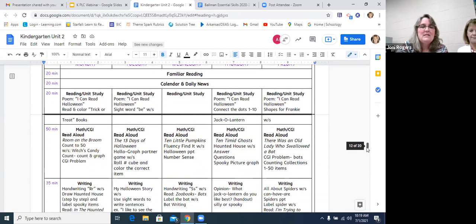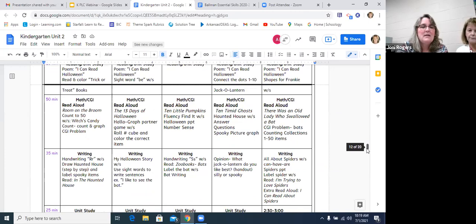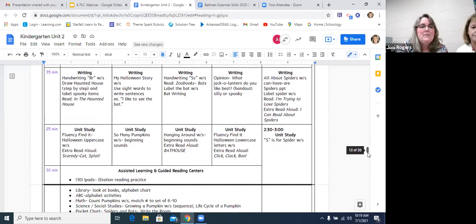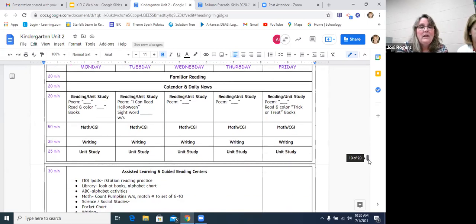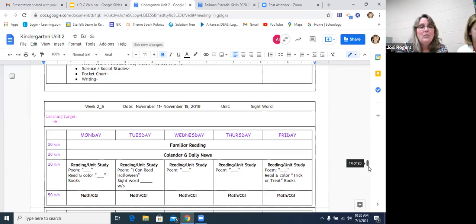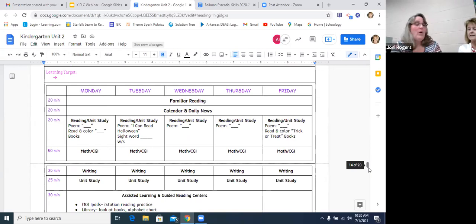Like I said, this is just some of our lesson plans. We talk about it in our team meetings, and we come up with these plans weekly. At the beginning of each quarter, we sit down and discover our units.